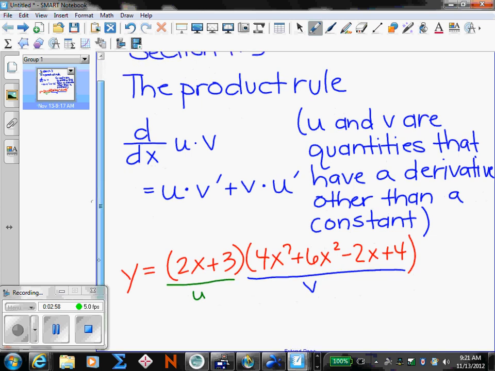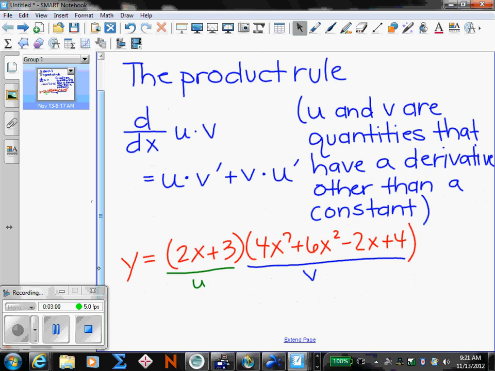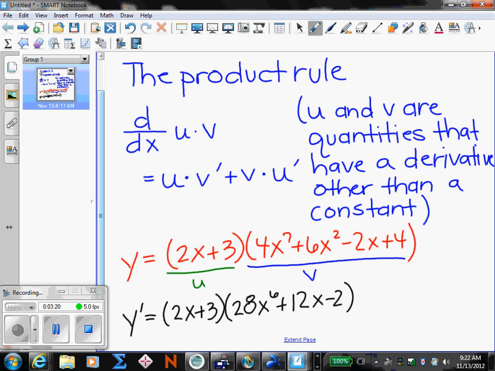So I will follow my formula, which says that I take u, the quantity of u, and I multiply it by the derivative of v, then I add to it my v times the derivative of my u.